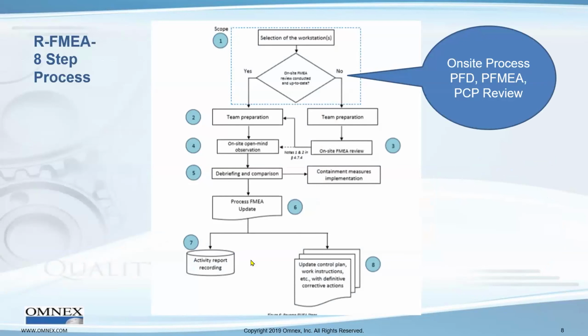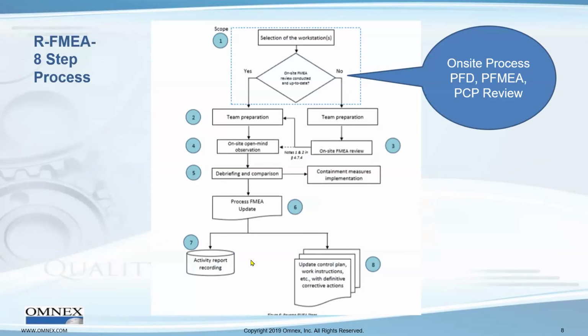The reverse FMEA is an 8-step process. And I want to stress this, and this is part of our training too, it's an on-site process. This is a hard process to train in the classroom, like an open enrollment, and then have people go back and apply.